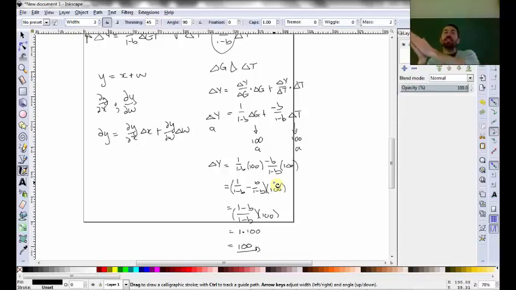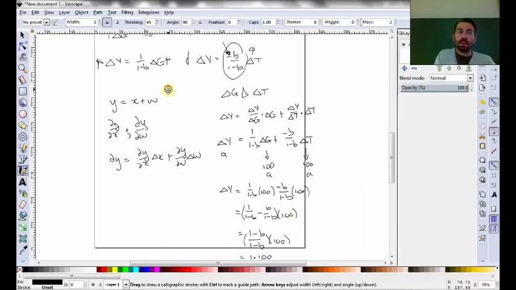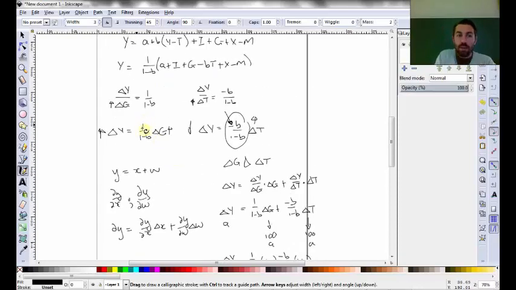But if I increase them both by the same amount, my aggregate demand curve will still have a net movement to the right, more than it will shift backwards to the left. How do we know that? Well, because the movement to the right will be a 1, and the movement to the left will be a minus B, and B is less than 1. So the movement to the right will be greater than the movement to the left. So there will be overall a movement to the right.